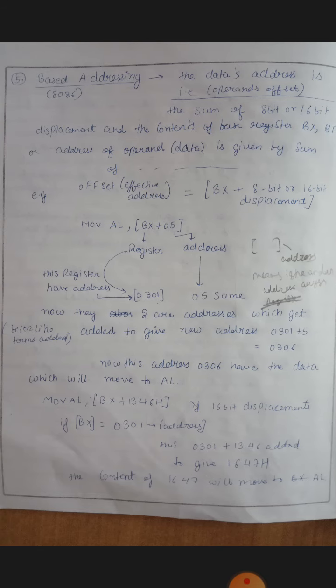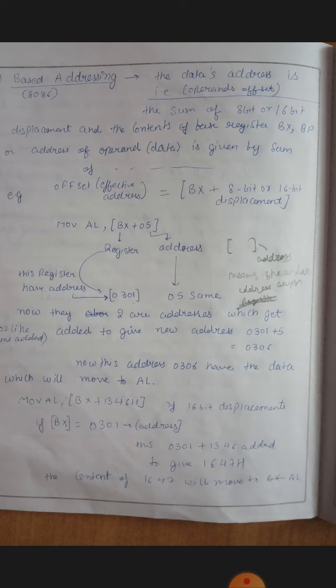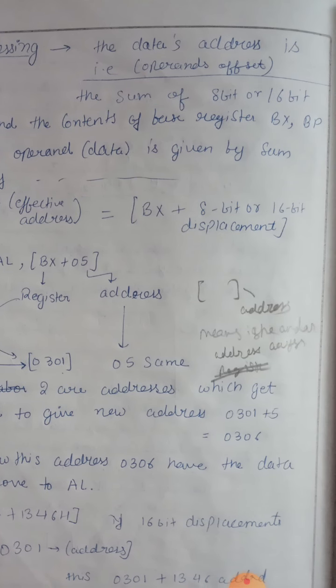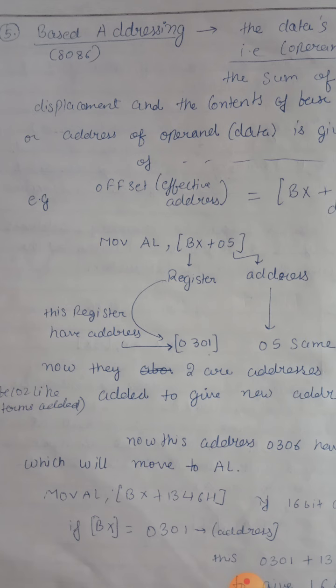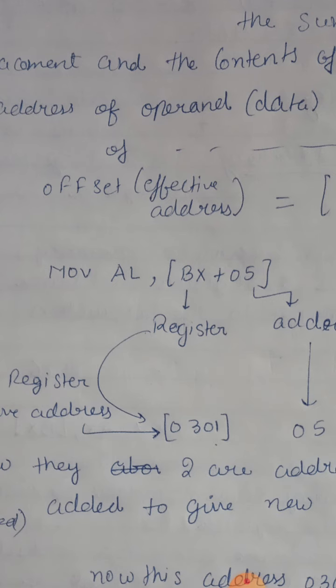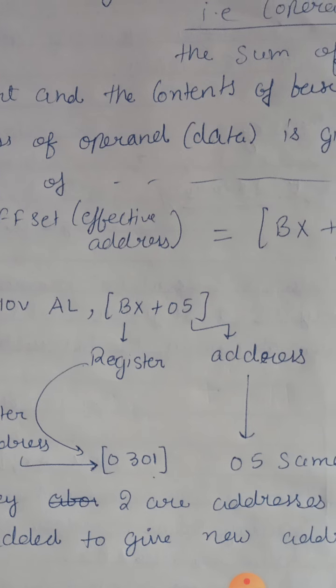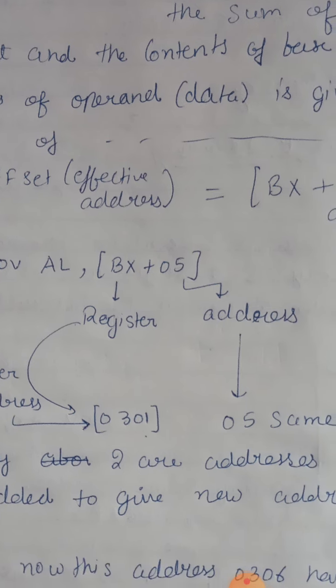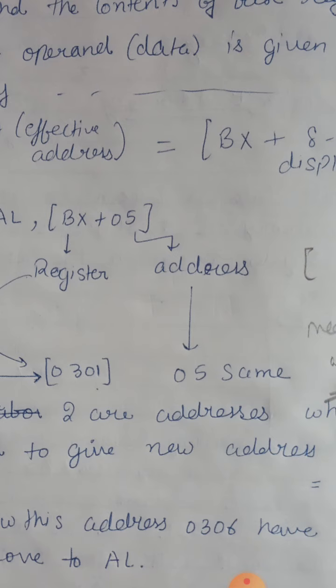For example, the offset address is given by the content of the base register BX along with the 8-bit or 16-bit displacement. The instruction is specified as MOV AL, [BX+05], where BX is the register and 05 is the displacement.